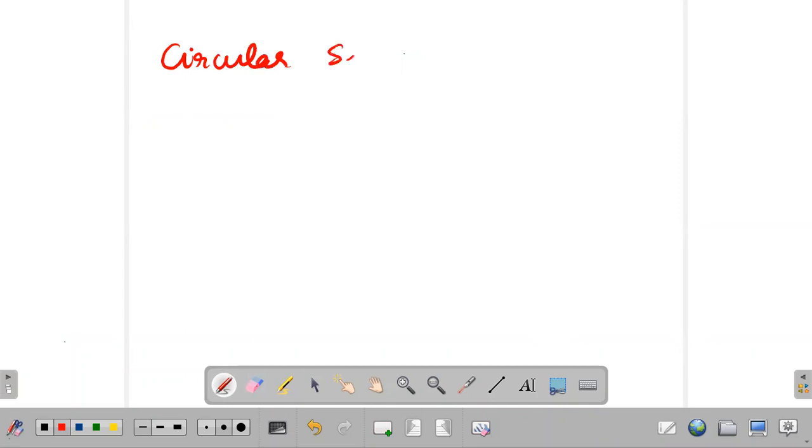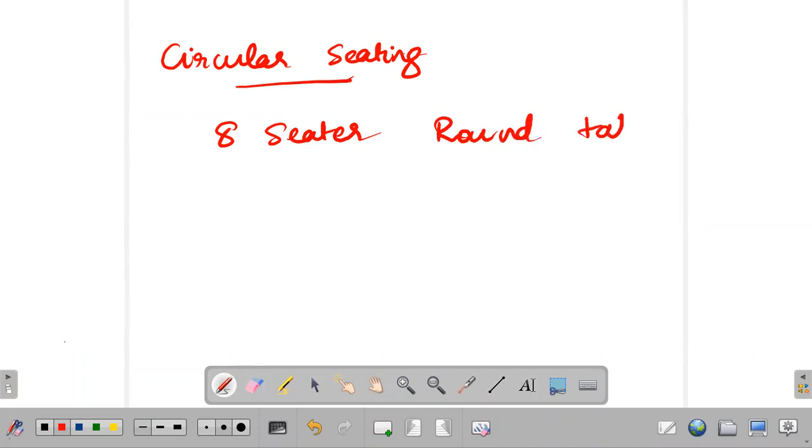Circular seating arrangement. Now I want you all to draw in your assignment paper an 8-seater round table, for solving puzzles.